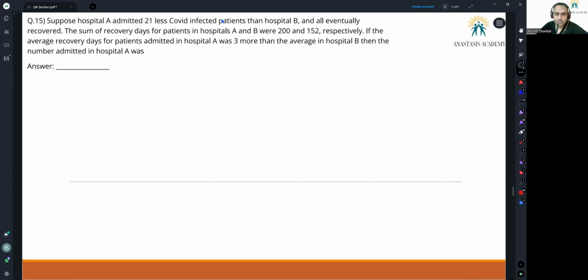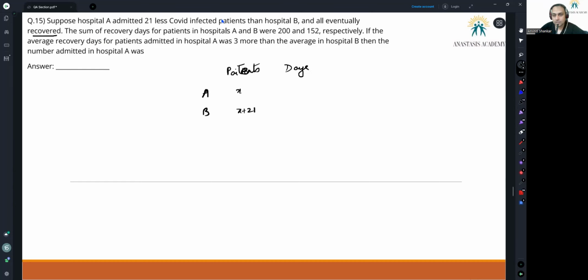Suppose hospital A admitted 21 fewer COVID infected patients than hospital B. Okay, so A and B patients. A admitted 21 less, so if this was X, this would be X plus 21, and all eventually recovered. Positive outcome. The sum of recovery days for patients in hospital A and B were 200 and 152.